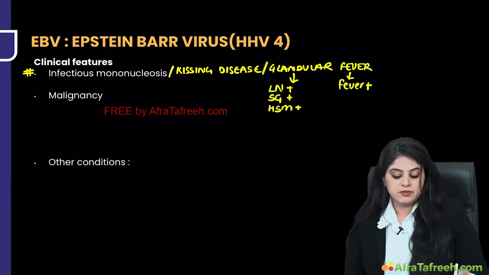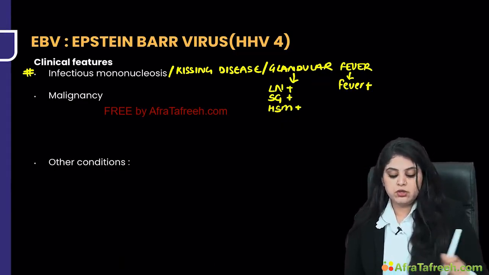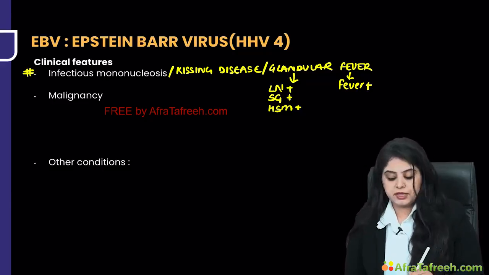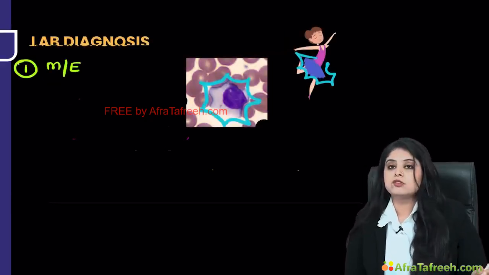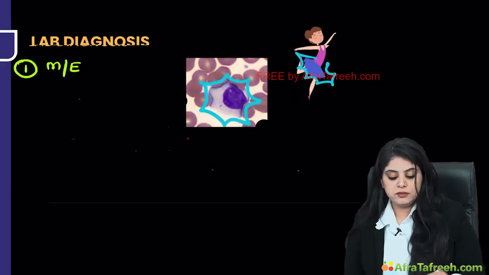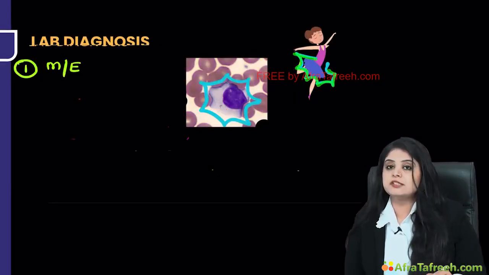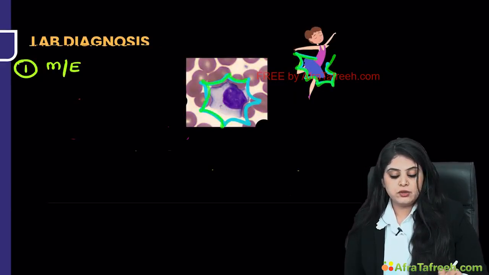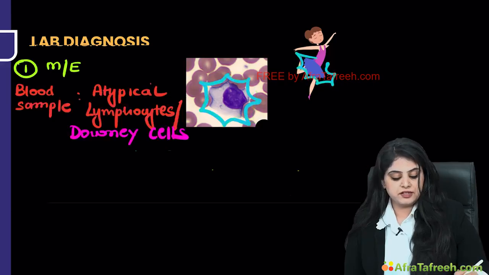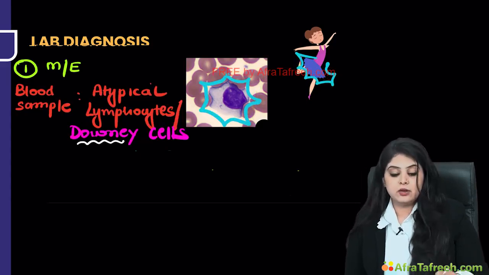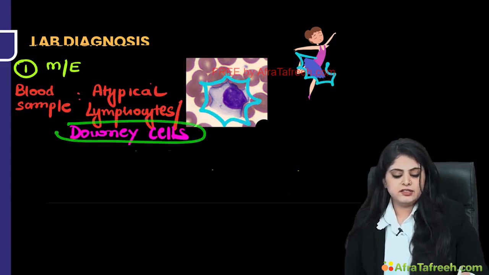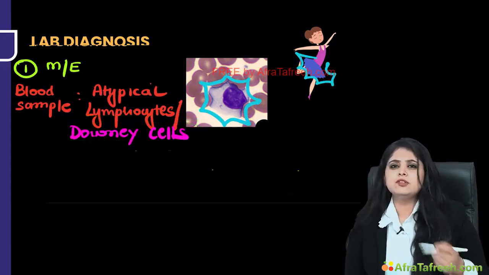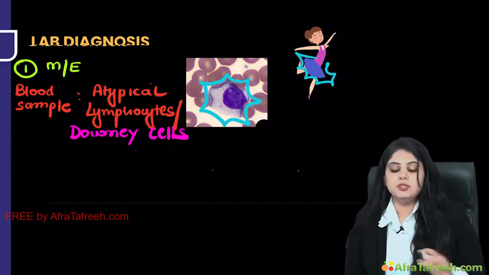That is number 1. So, this infectious mononucleosis actually shows you something under the microscope. Please note, microscopically, do we all know this very famous ballet skirt appearance? There are cells which are showing you the ballet skirt appearance, and these are referred to as the Downey cells. So, if you are asked what are Downey cells, you will say Downey cells are nothing but lymphocytes only, but those lymphocytes have become a little strange.